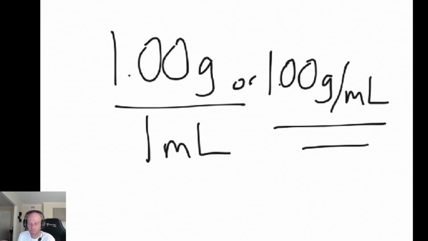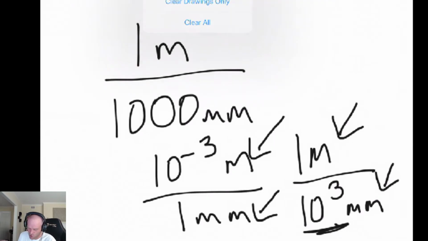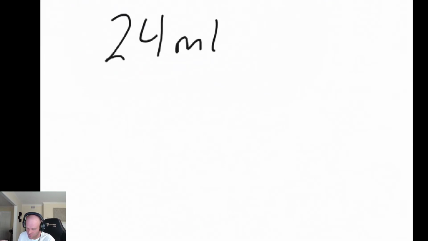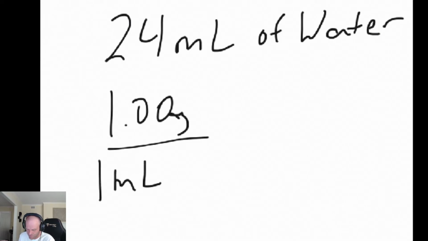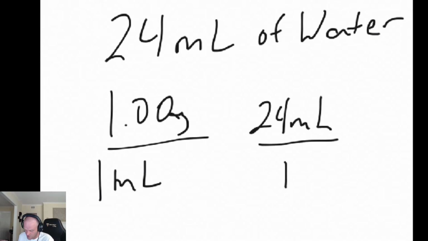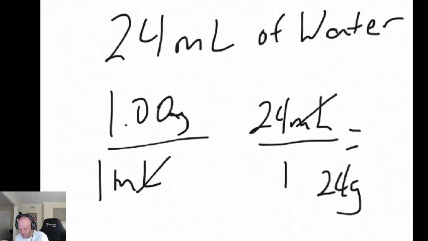So if I say you have 24 milliliters of water, and water is 1 gram per milliliter, then I can make a conversion factor and say that, well, 24 milliliters over 1, multiply this, milliliters cancel out, and it's 24 grams. 24.00 using sig figs or whatever, right?